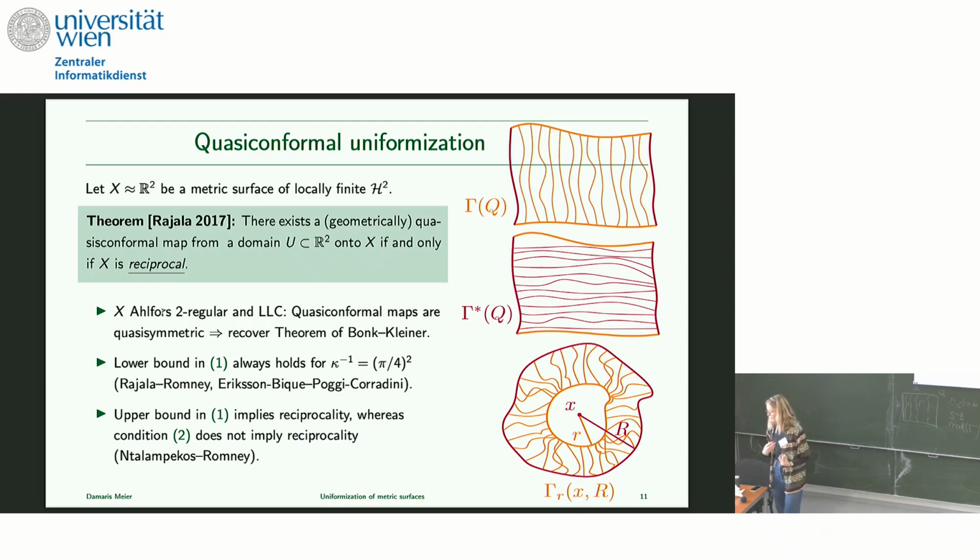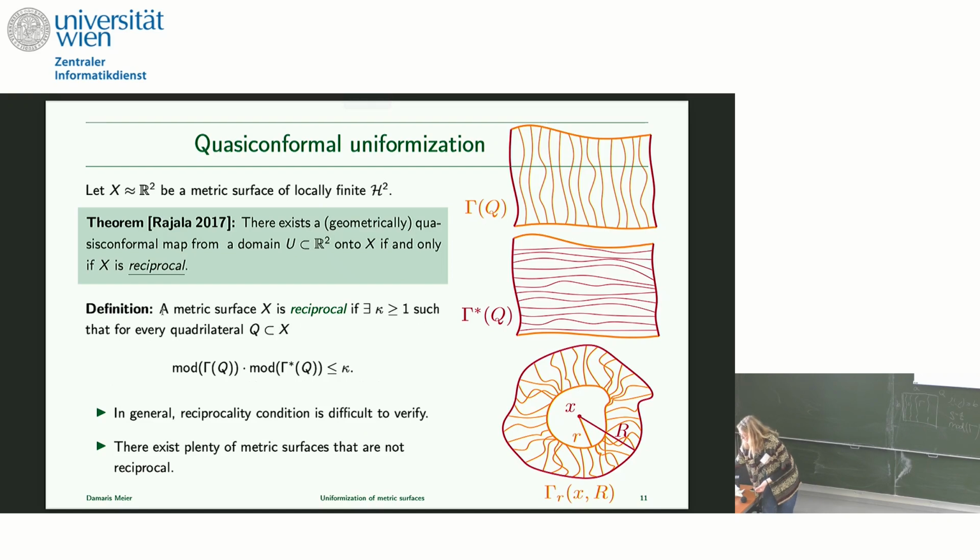There is an example of a metric surface that is not reciprocal but satisfies condition 2. So in summary, we could just define a metric surface to be reciprocal if we have a constant such that for every quadrilateral, the product of the moduli of these dual curve families is bounded from above.